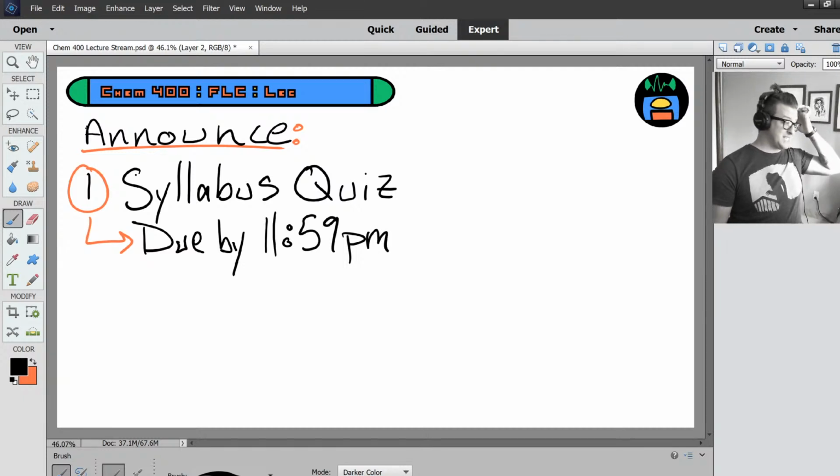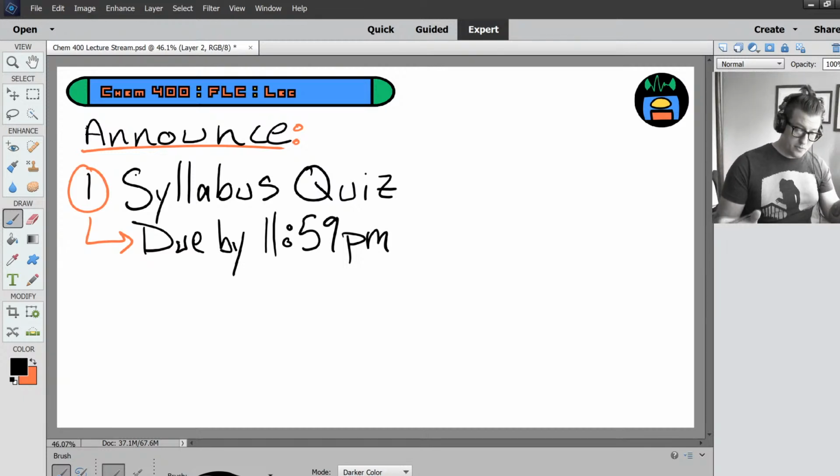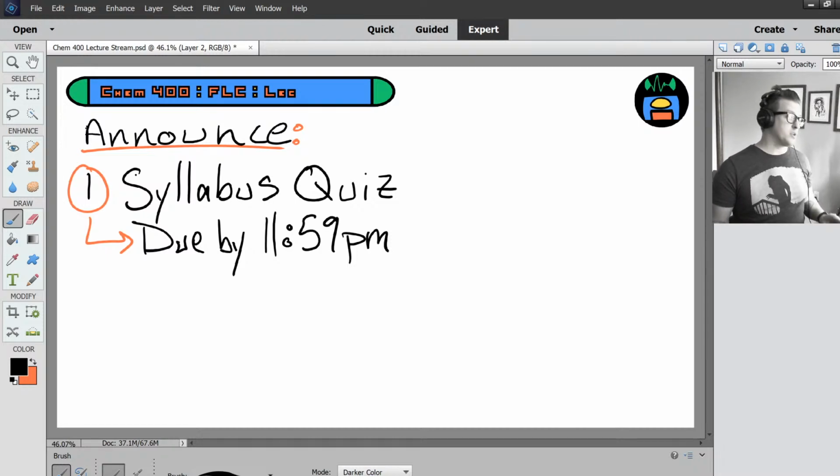Failure to complete the syllabus quiz will result in you being dropped from the course. So if it is your intention to stay in the course, then you need to fill out the syllabus quiz and submit it to Canvas.